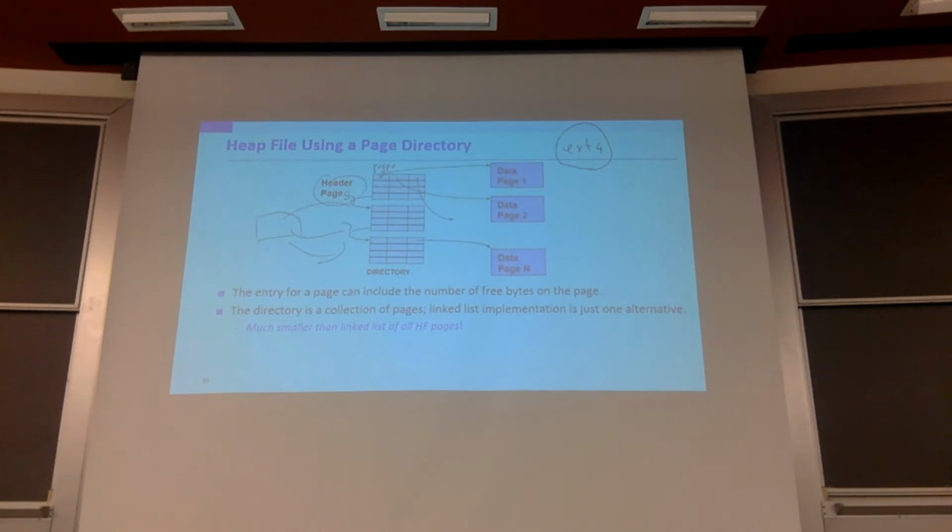And the other way is using a directory, because directories are basically pointers to actual data pages. Because data pages are large, when you delete something or insert something, you might need to move a lot of data.